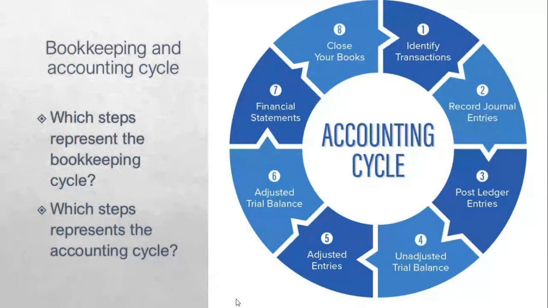They normally record something, where accounting is what your accountants do at the end of January, at the end of the year, or closer towards year end. So based on that information, what numbers do you think represent our bookkeeping cycle? And what numbers do you think represent the accounting cycle?